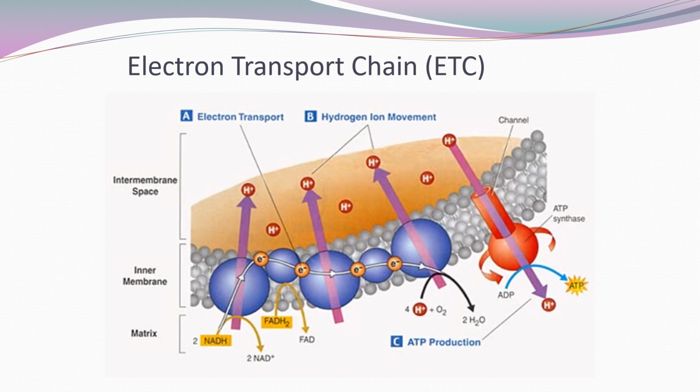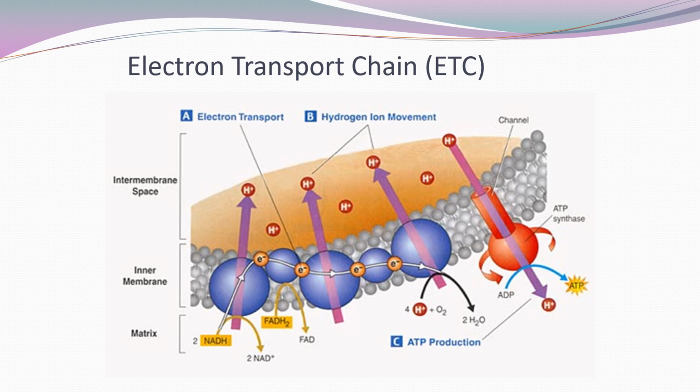All right, we have the membrane of the cell, and those big blue circles are going to be those enzymes that are passing electrons through the chain. We have our electron carriers providing those electrons into the chain as well. And then we have at the end of the chain oxygen waiting to catch the electron and then produce water.